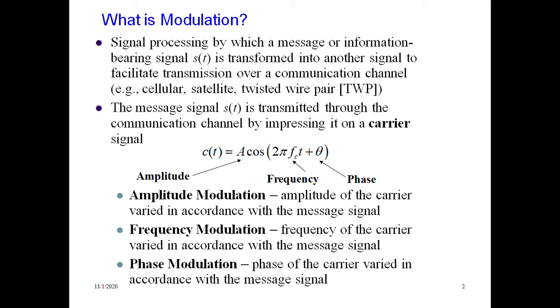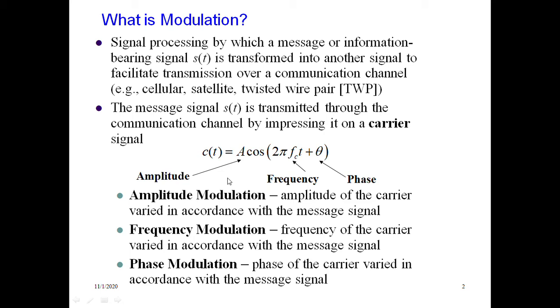So the message signal, represented by s(t), will be carried in a carrier. The carrier is like a transportation for the signal to be transmitted to the receiver. This is the basic general form of a carrier.